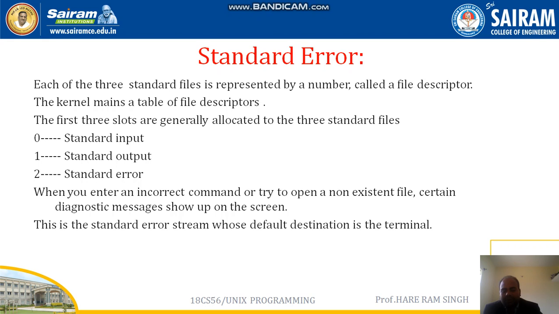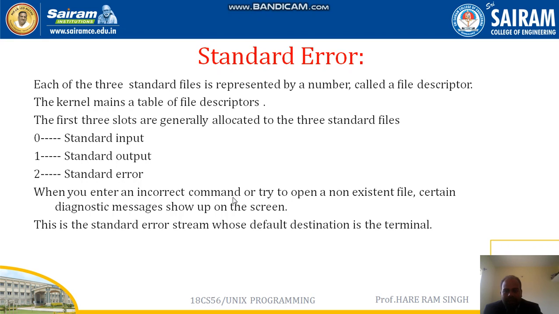Each will be represented by an integer number that is called a file descriptor. In the kernel, the file descriptors are stored in the form of a table. The first three slots are generally allotted to the three standard files: 0 is standard input, 1 is standard output, and 2 is standard error.